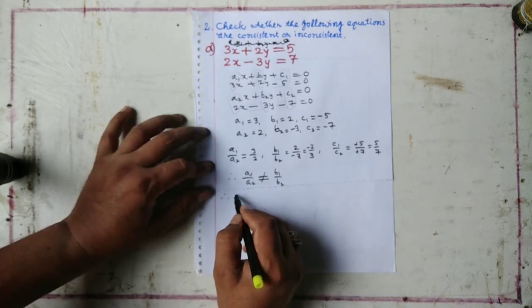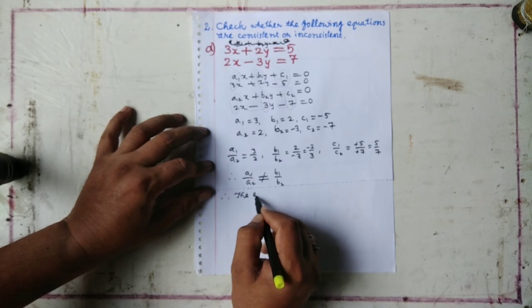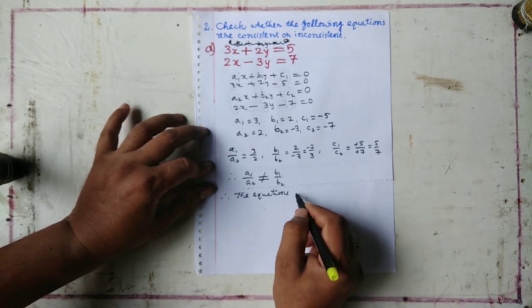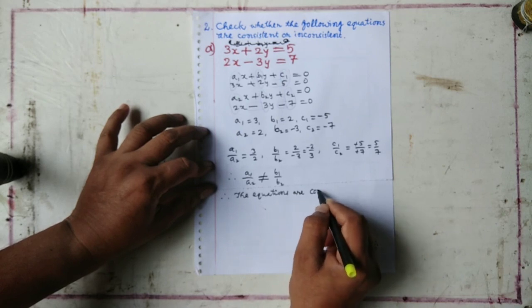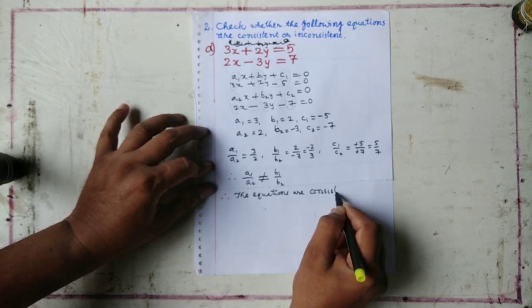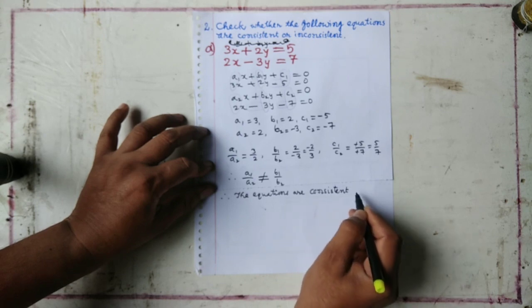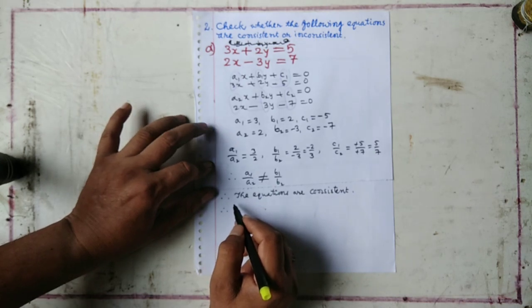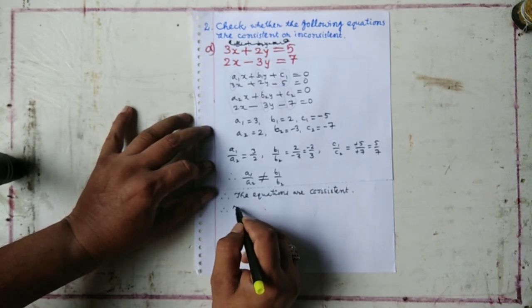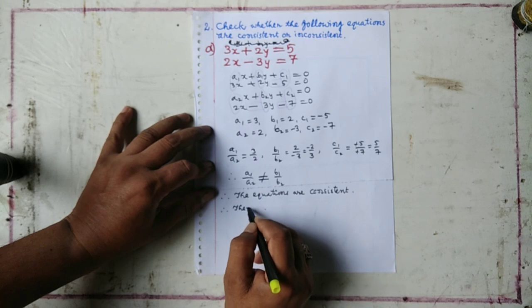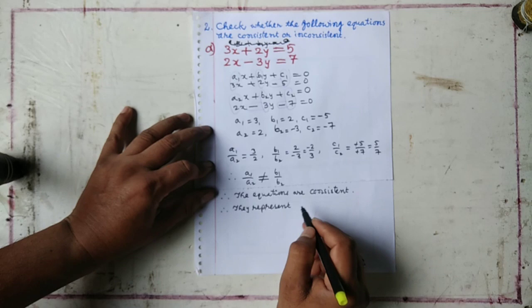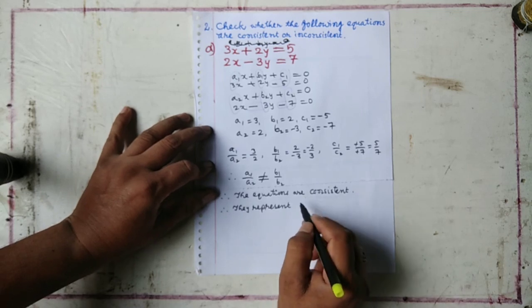Therefore the equations are consistent. Therefore they represent intersecting lines.